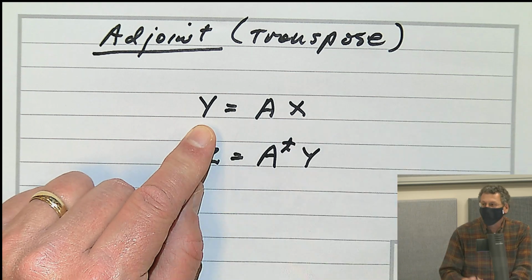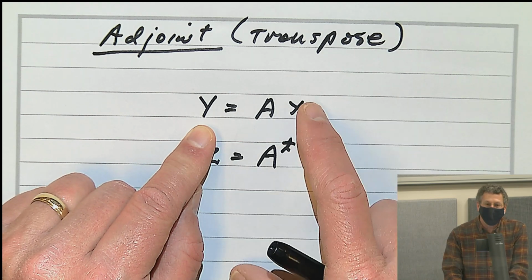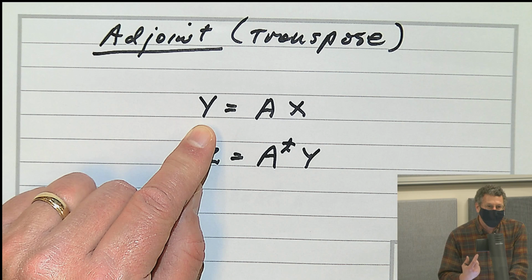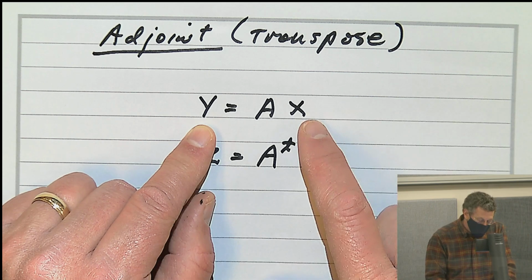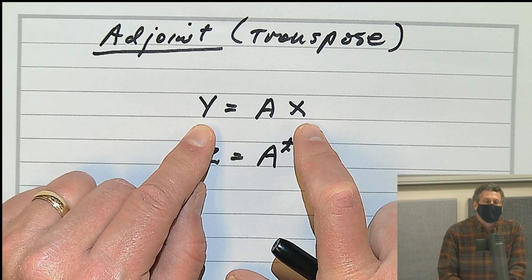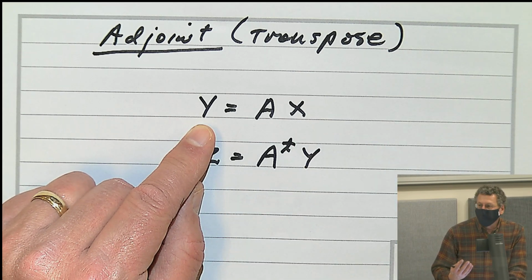The range and the domain may not be the same. They are the same if A is invertible and square. Well, it's got to be square if it's invertible. But if it's not square, then the range and the domain are different. They're actually different dimensions.